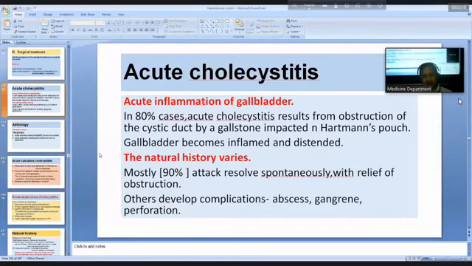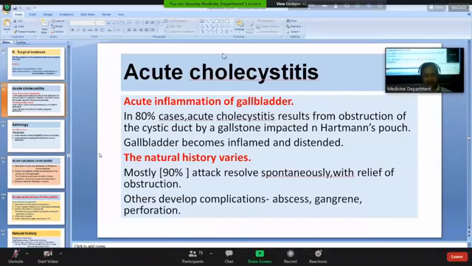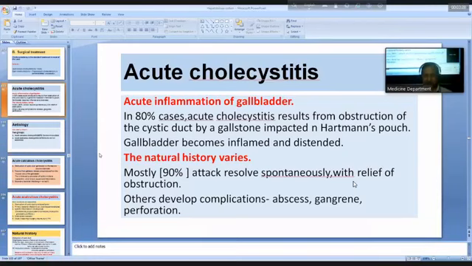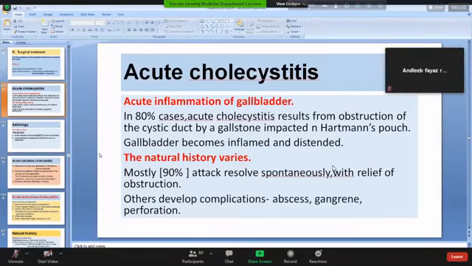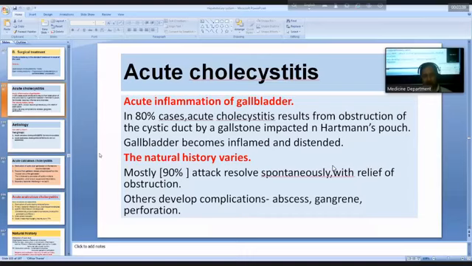Associated with flatulence, dyspepsia, feeling of fullness after meal. On examination, finding is usually negative other than deep tenderness in the right hypochondrium. On this clinical ground, diagnosis may be confirmed by doing an ultrasonogram, which shows the gallbladder is smaller, contracted.